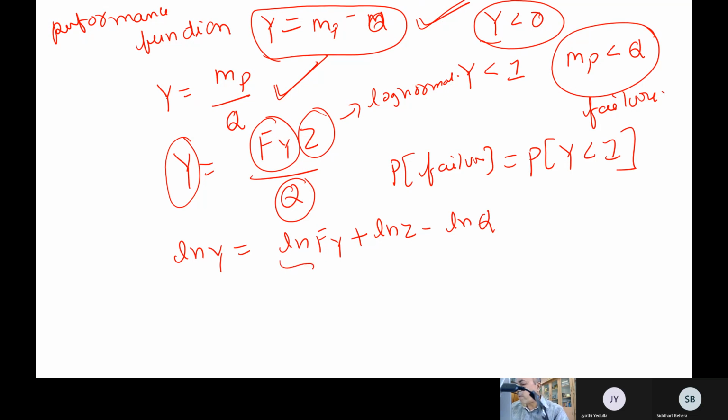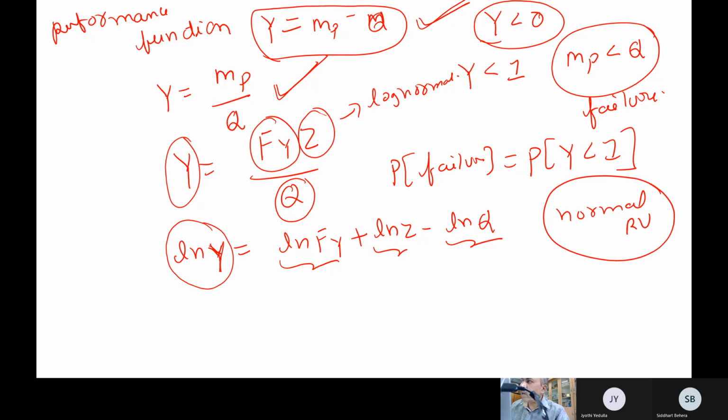Now what type of random variable will be log of fy, log of z, log of q? Basically they are log normal, so if you take logarithms, what type of random variable will that be? Normal. So they are all normal random variables when you take logarithm.